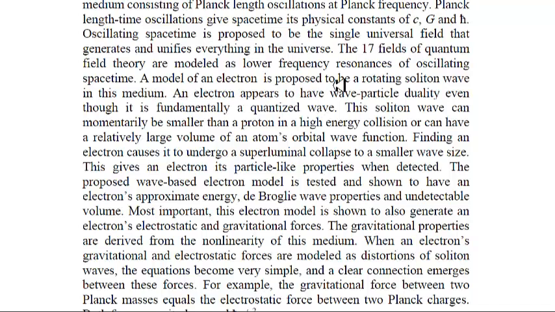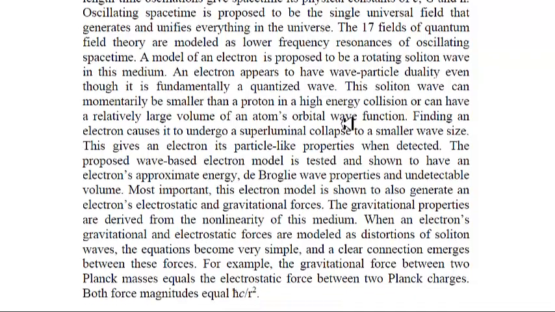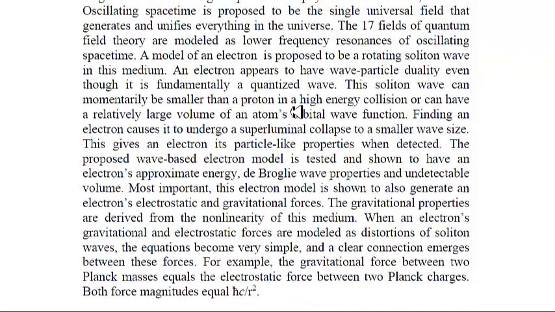An electron appears to have wave-particle duality, even though it is fundamentally a quantized wave. This soliton wave can momentarily be smaller than a proton in high-energy collisions, or have a relatively large volume in the atom's orbital wave function. Finding an electron causes it to undergo superluminal collapse to a smaller wave size. This gives an electron particle-like properties when detected."